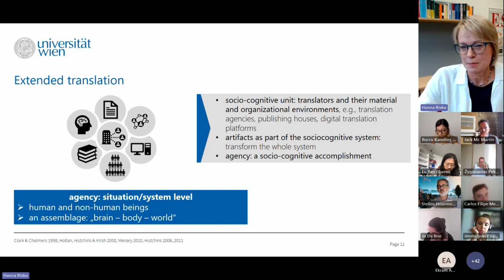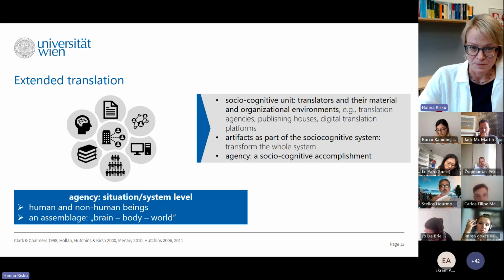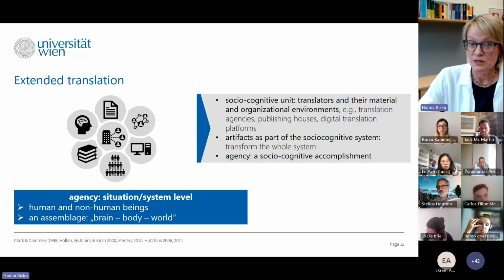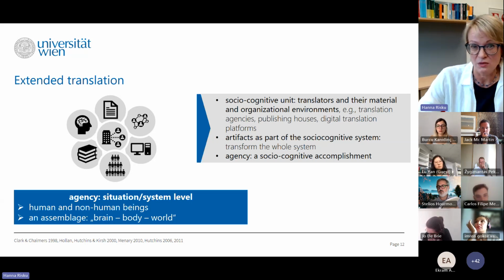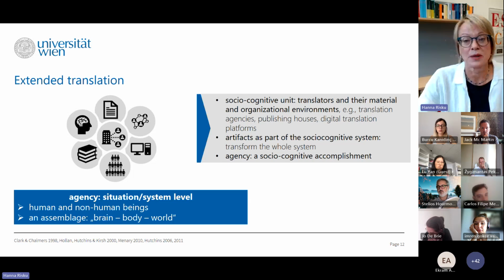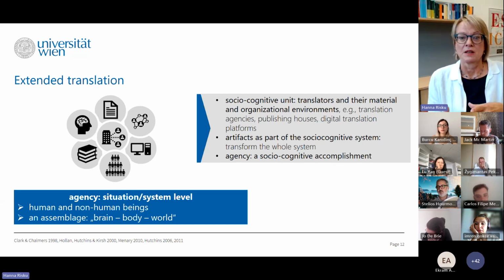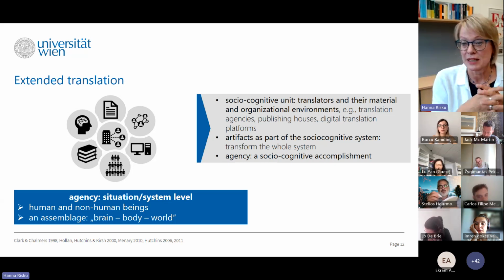And they do not only amplify any existing individual capacity, like sight or memory or other cognitive capacities, but rather they transform the whole cognitive system. So the use of a specific technology results in a different set of practices, components, relationships, and so it results in a different system dynamic altogether.